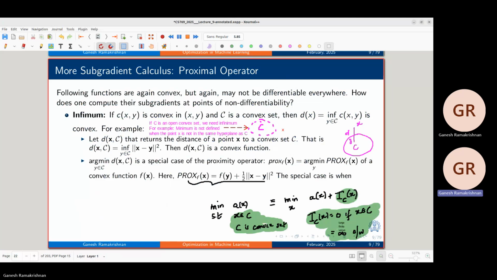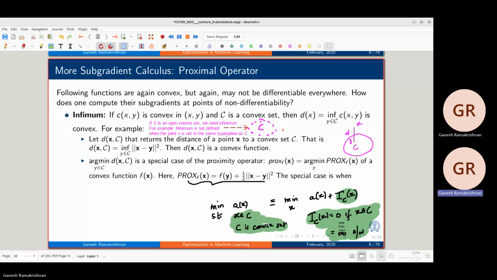So f simple might have gone out. I want to project it back. You remember I said that's one of the simplest things, projection. I go outside a set, I draw a perpendicular into the set and project back. If one of the components goes greater than 0, I clip it to 0. That's one kind of projection. Very intuitive. But that's also resulting from this so-called proximal operator.